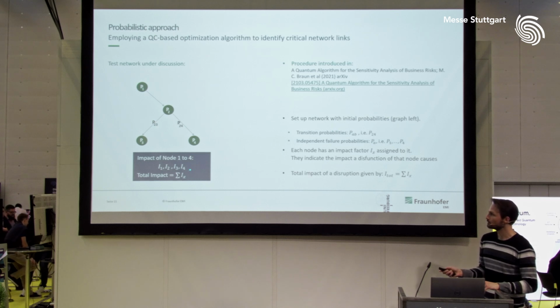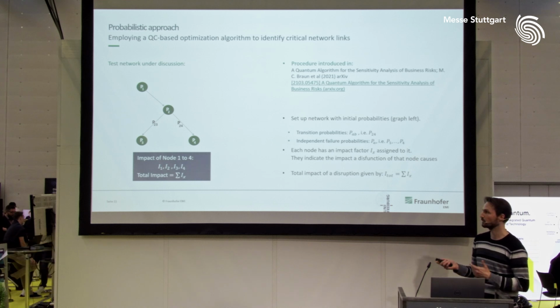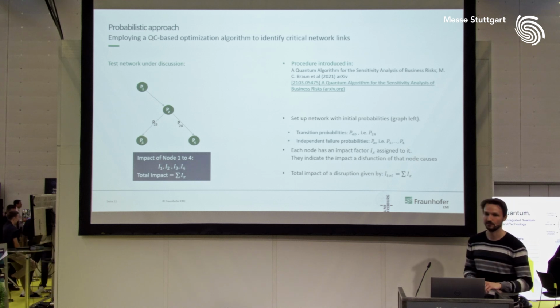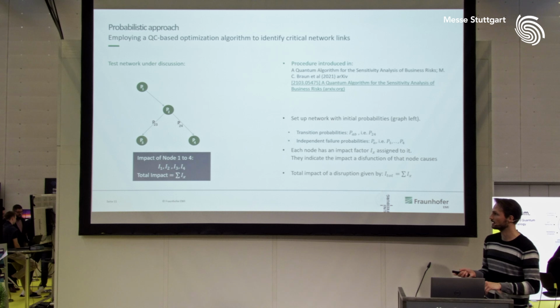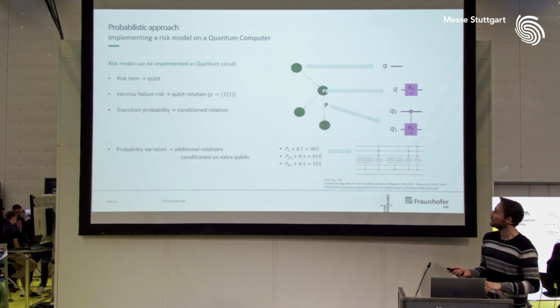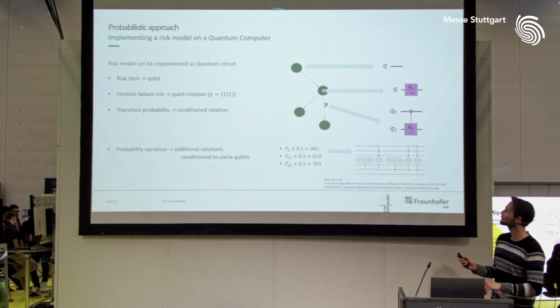And we can also define an impact for the different nodes. So maybe one of them is more important for the overall performance of the system. So then this node might get a higher impact. And the way to translate it is pretty straightforward. So for every risk item, we get a qubit to represent that.